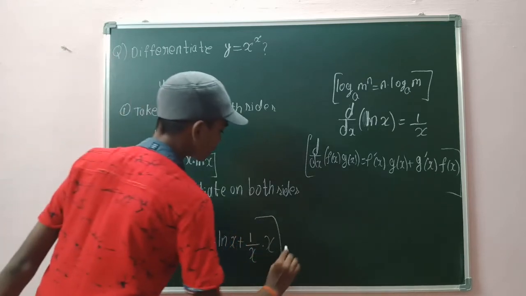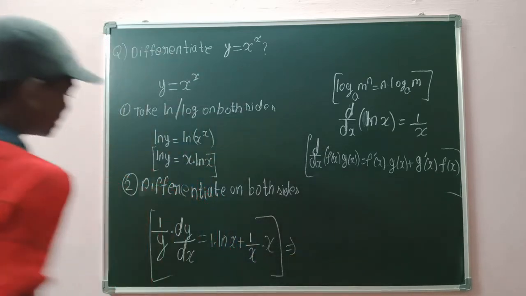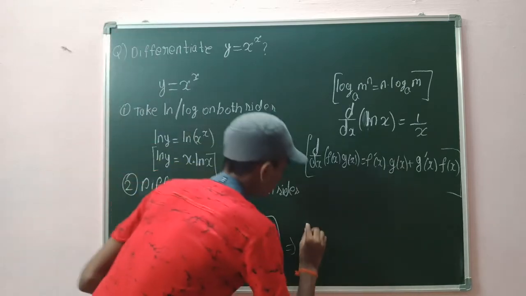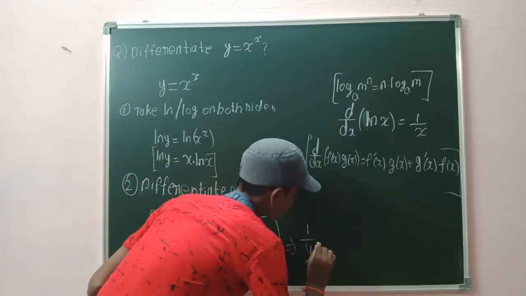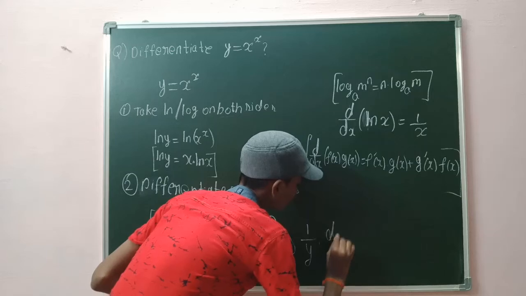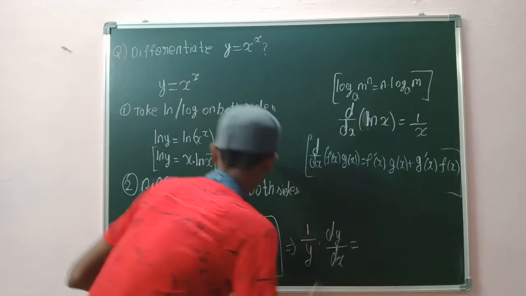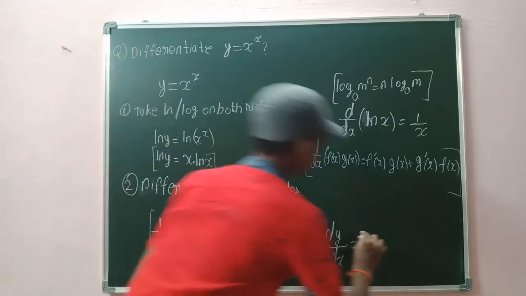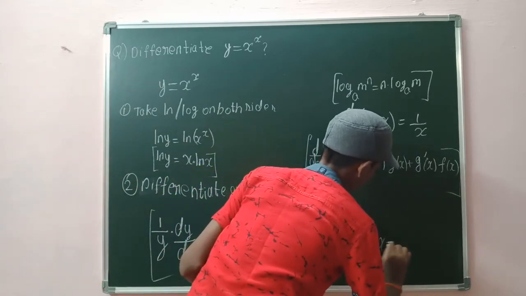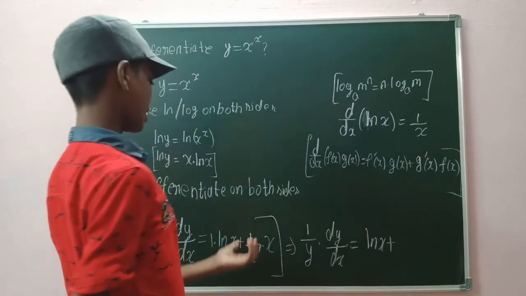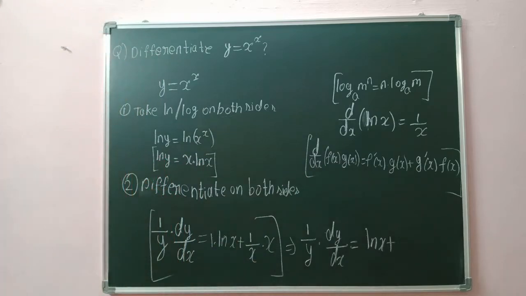So from this equation, I will say that 1 by y into dy by dx is equal to 1 into ln of x is ln of x, plus 1 by x into x. Correct now?